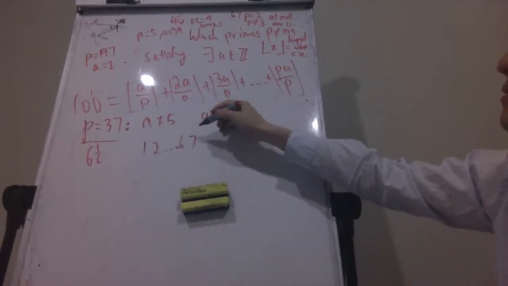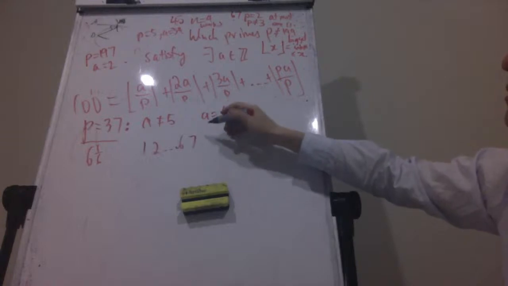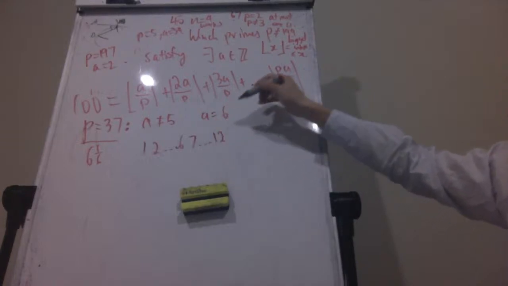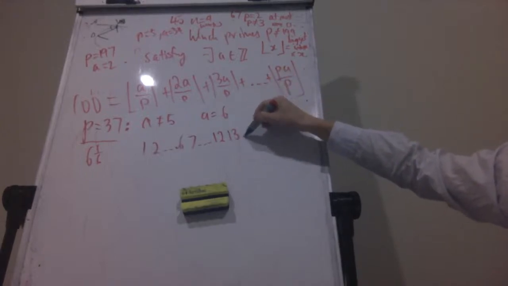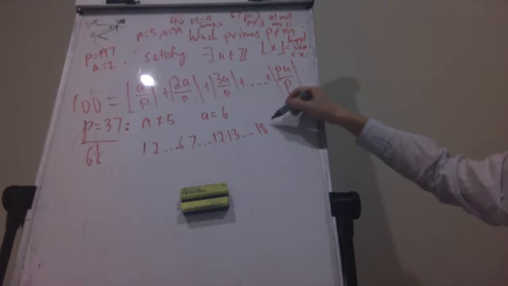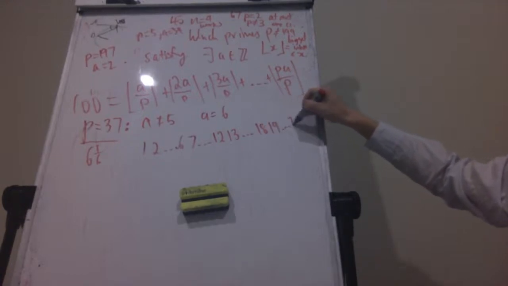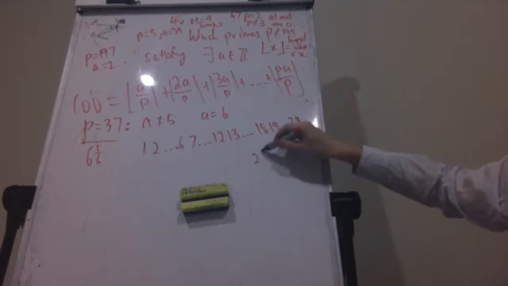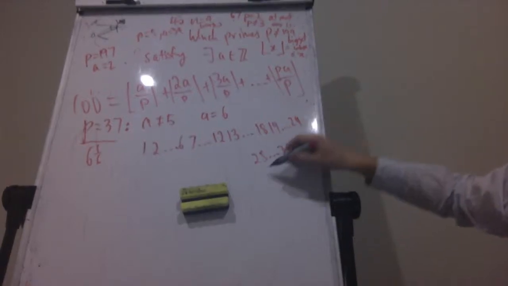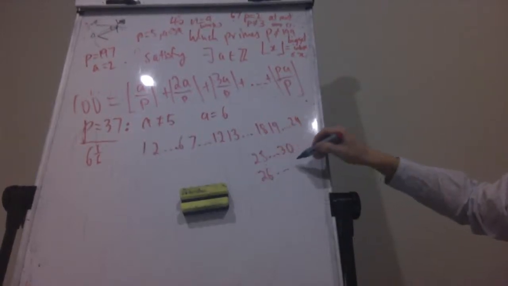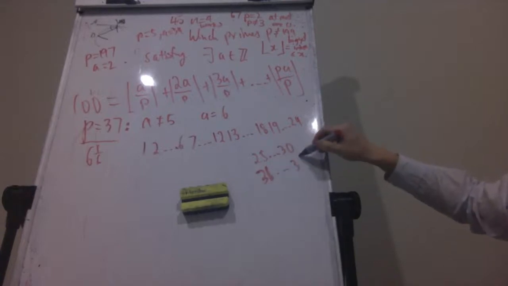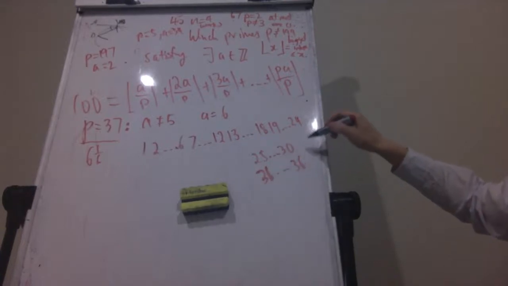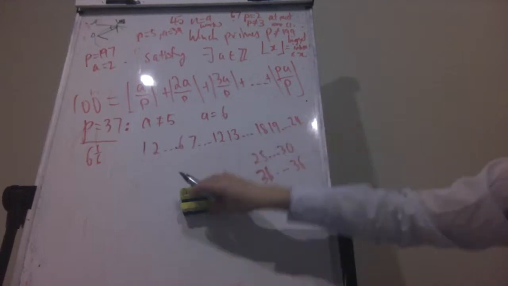Okay, so 7 all the way up to 12. Oh, this is so long. 13, all the way up to 18, 24, 25, 26, 31, 36, and then plus 6, yeah?